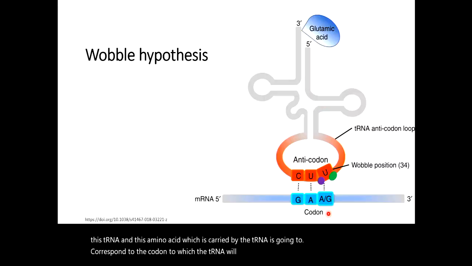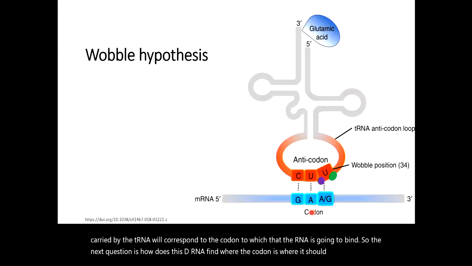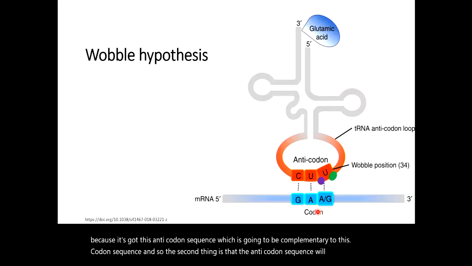So the next question is, how does this tRNA find where the codon is, where it should bind? It's because it's got this anti-codon sequence which is going to be complementary to this codon sequence.